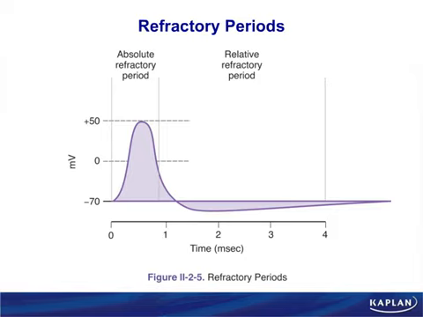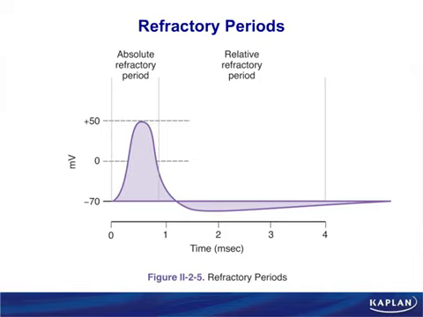Again, I cannot get another action potential. Now, another big aspect about this is the absolute refractory determines the maximal frequency of action potentials. Frequency of action potentials means how many action potentials per second I can generate. Let's say I have a nerve that has an absolute refractory of 1 millisecond.